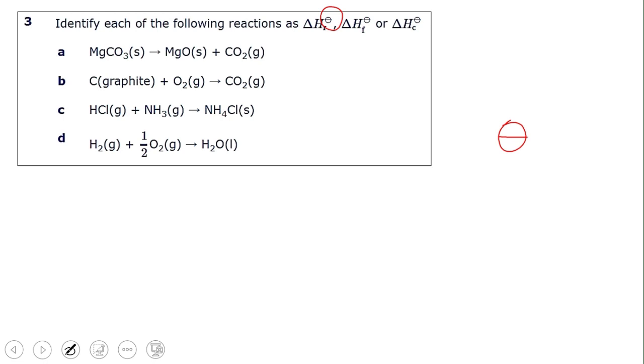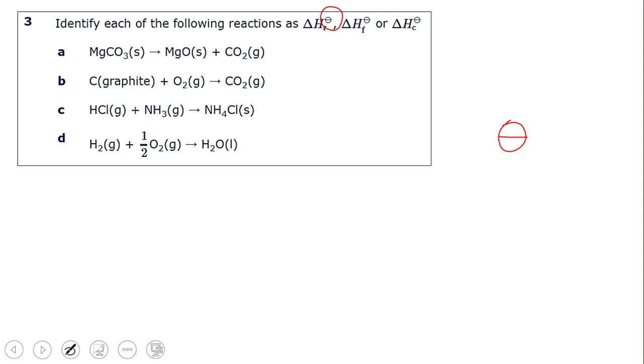The standard conditions are: pressure 101 kilopascal, temperature always 298 Kelvin, and the third standard condition is that the reaction should be done under normal physical states such as solid, liquid, and gas. So this symbol is telling you about all the standard conditions.